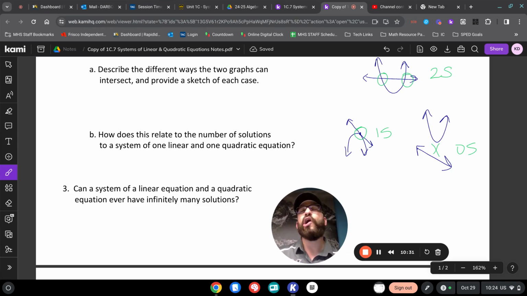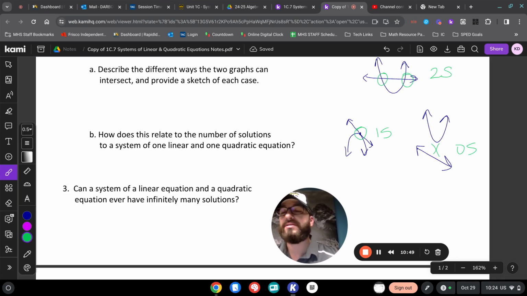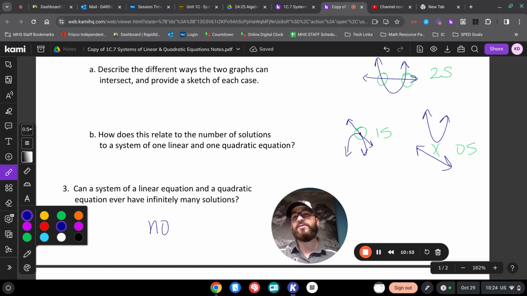They're literally always touching. So infinitely many means same two equations. Is there any way for a linear equation and a quadratic equation to be the same equation? There is not. So since linear and quadratic functions can never be the same equation, they can never have infinitely many solutions. So a little bit of a brain teaser, but some important things to think about.